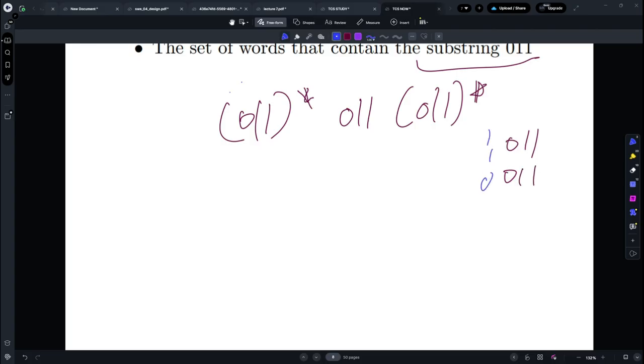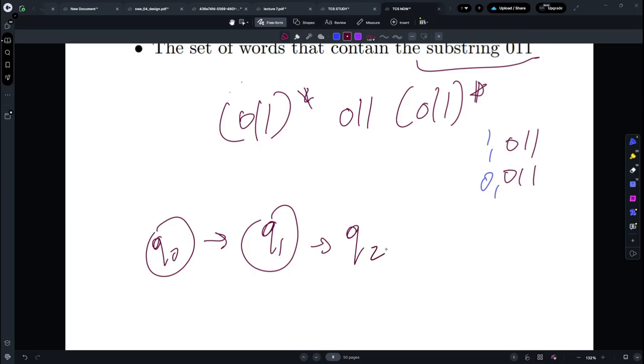Either a 1 or a 0, right? Meaning that you could say Q naught goes to Q1, goes to Q2, reading the minimals, accepting 1 and then another 1, right? 0, 1, 1. That should be our accepting situation. Like this. 0, 1, 1.